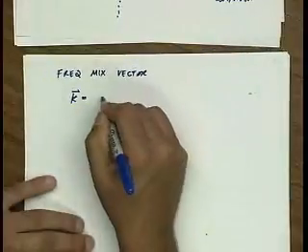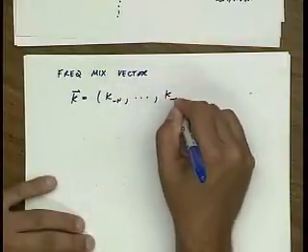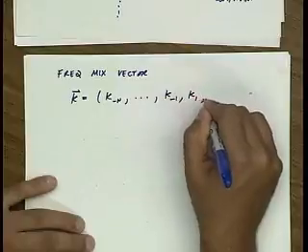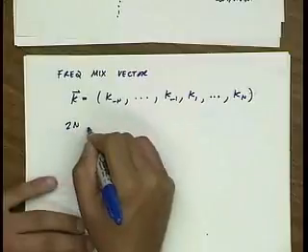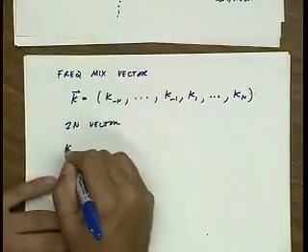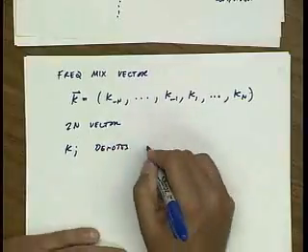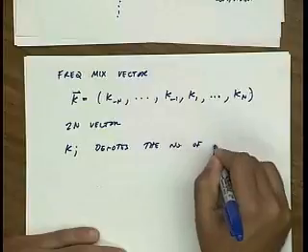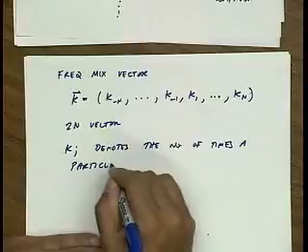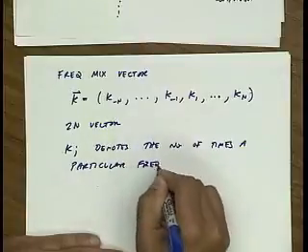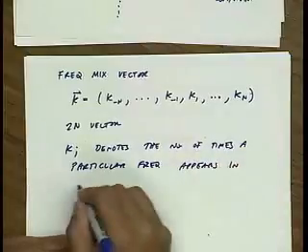K is going to be a 2n vector, with 2 times n elements, where kj denotes the number of times a particular frequency appears in a given summation.